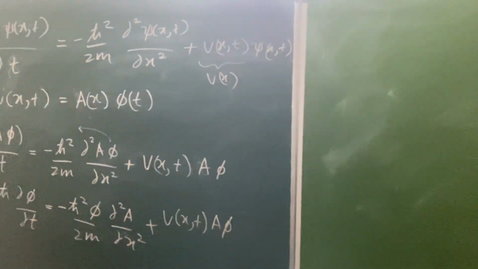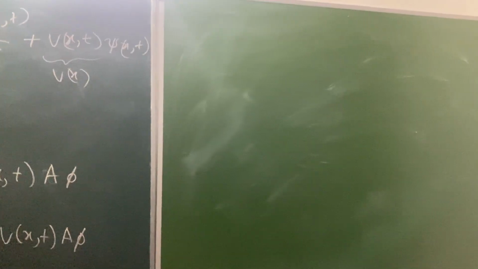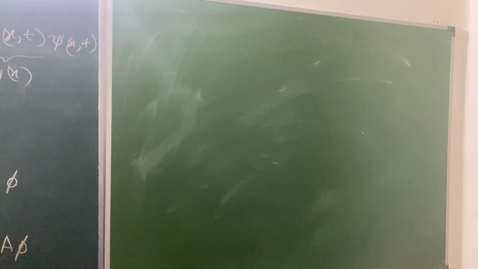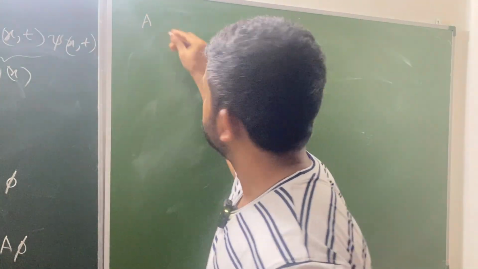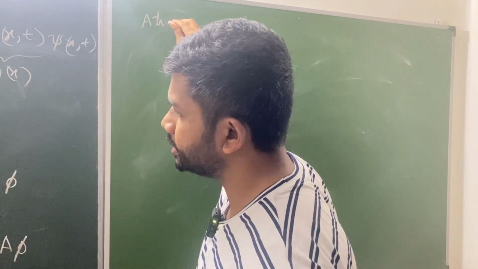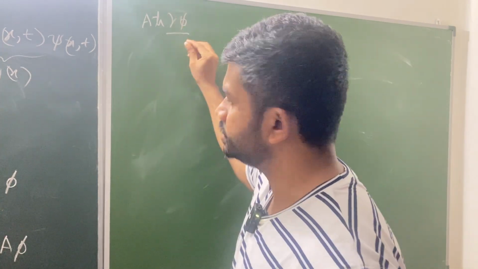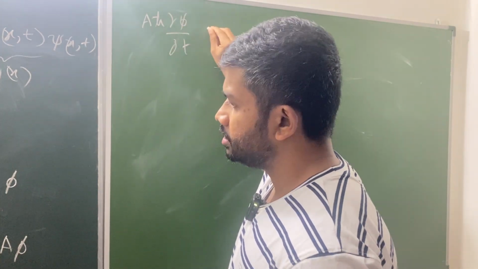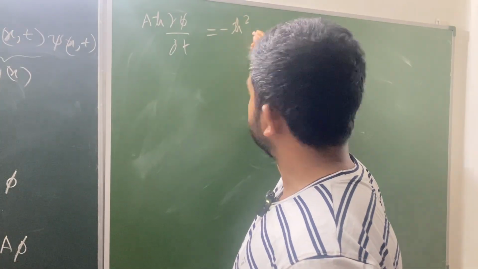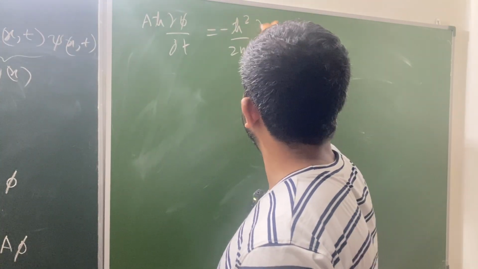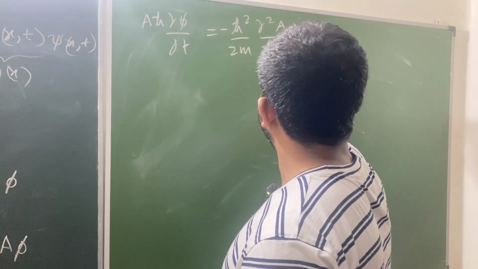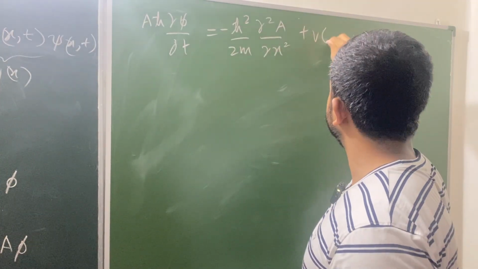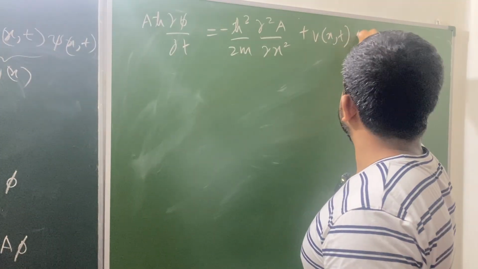Okay, now I need some more space. Right, now this equation, I'm going to go ahead. Now I have this equation: i h bar ∂phi over ∂t is equal to minus h bar over 2m, here ∂ squared a over ∂x squared, plus V(x,t) a phi.